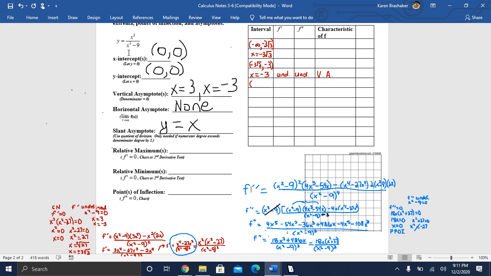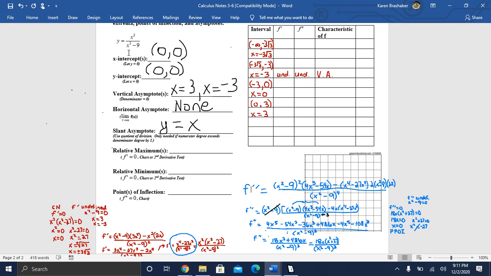So we'll go from -3 to our next break, which would be the critical number or possible point of inflection of 0. And so we'll look at what happens at x equals 0. Then we'll go from 0 to 3 as the next interval, and look at what happens at x equals 3.